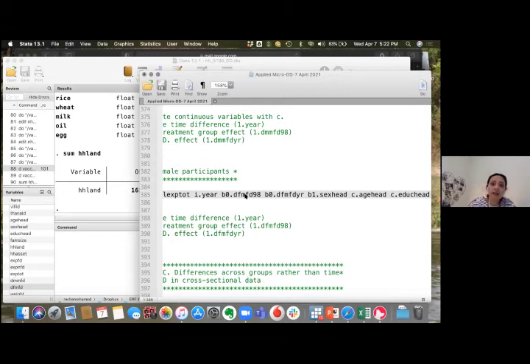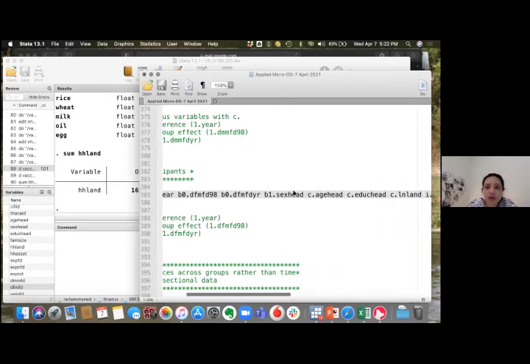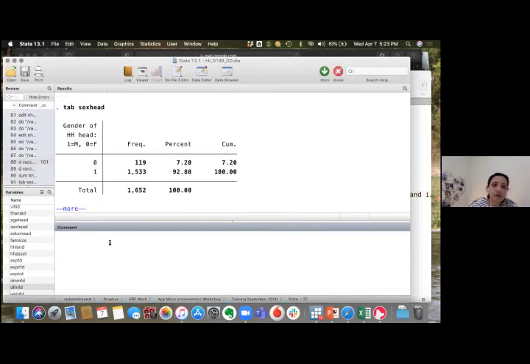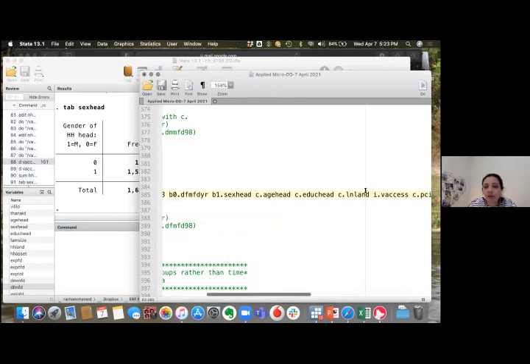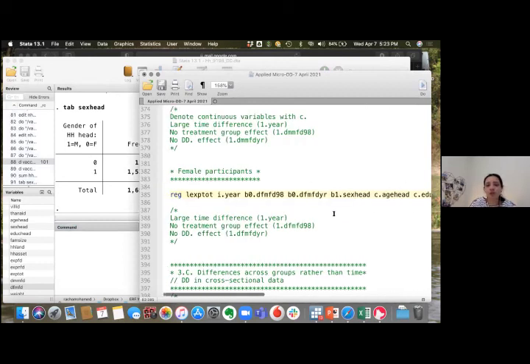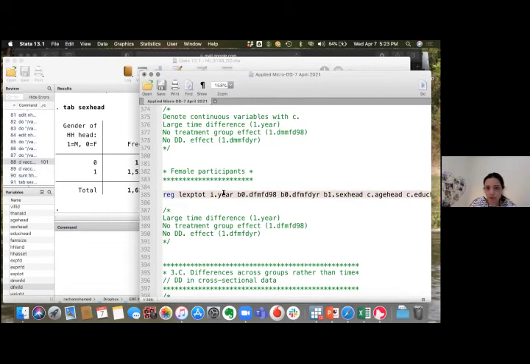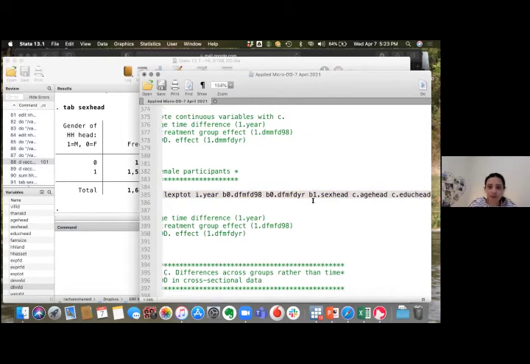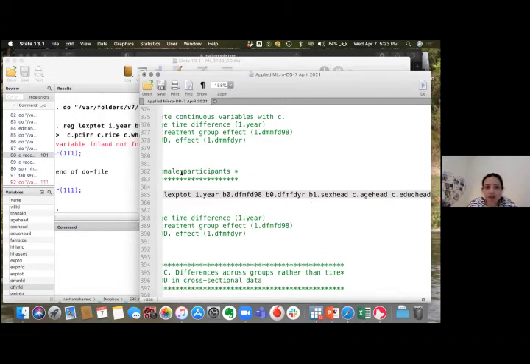Same for sex of head, which takes 0 if female and 1 if male, so I am telling Stata that 1 is my reference. For all the other variables, I am saying that they are continuous. Otherwise, Stata may confuse a continuous variable that has values 1, 2 with a binary one. I will run this regression.